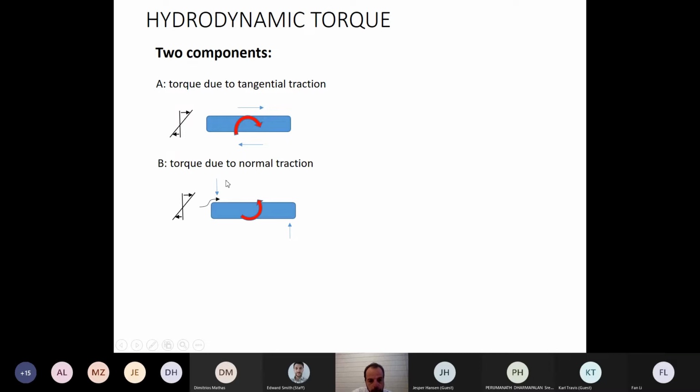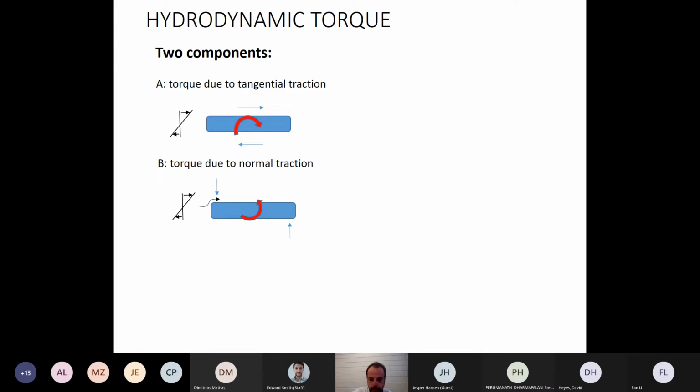But then there is another subtle component to the torque that is due to the normal traction, so to the normal forces that the solid exerts on the fluid, or the fluid exerts on the solid by the action-reaction principle. This component of the normal force is essentially due to the fact that in order for the streamlines to curve upward here, so to satisfy the no-penetration condition, the solid must exert an upward force on the fluid, and therefore the fluid exerts a downward force on the solid, and the corresponding torque is in the counterclockwise direction.